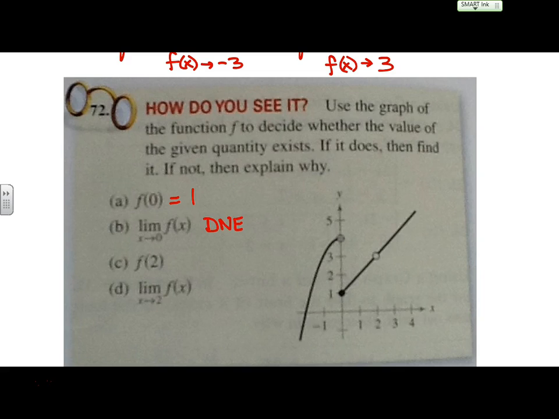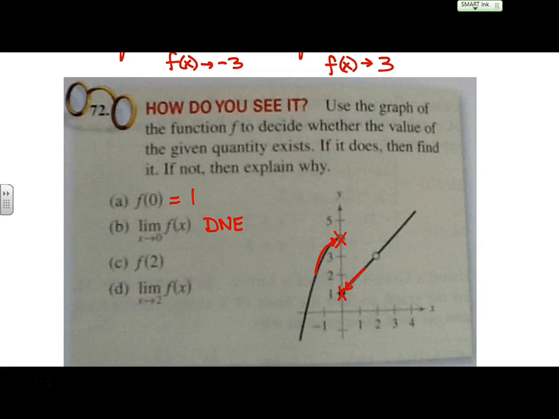Good. Sean, what would be the limit as I come from below x equals 0? Good. As I come from below, the function is headed to 4. Doesn't matter what's there, it's still headed to 4. As I come from above, doesn't matter what's there, the function is still headed to 1. Those do not agree. Two different paths.